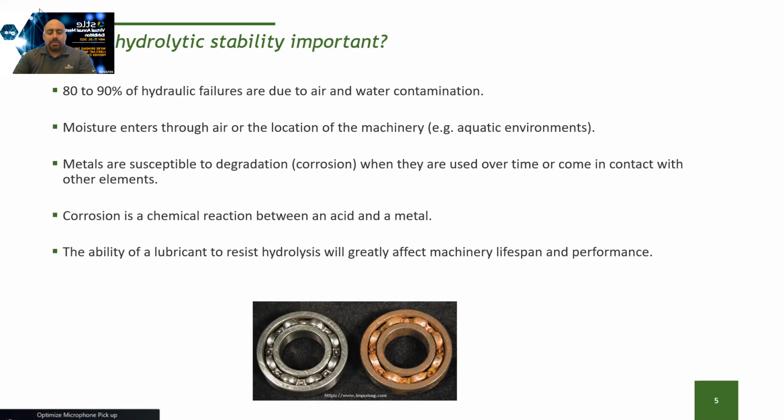Here's a picture on the bottom of the screen showing two steel bearings. One's freshly clean, one's been exposed to water and air, and you can see that it's rusty, it's been corroded. So it's really important for a lubricant to resist hydrolysis, and if it can do that, it can greatly affect the machinery's lifespan and ultimately the performance.